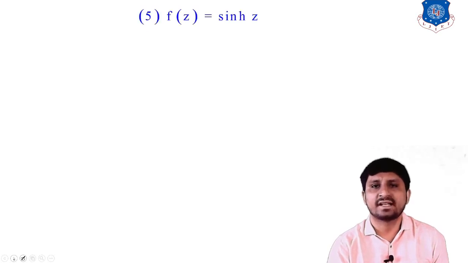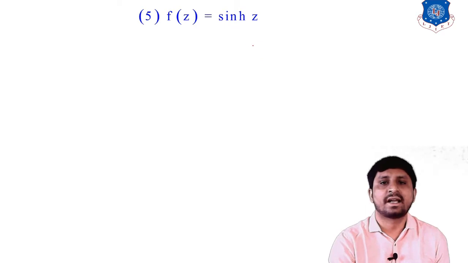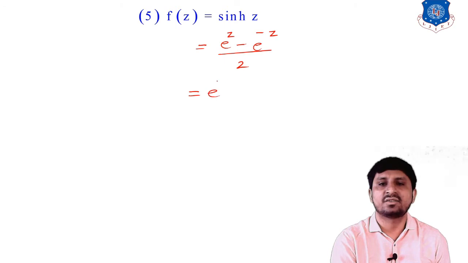Sin hyperbolic z: I am giving you a hint that sin hyperbolic z can be written as e raised to z minus e raised to minus z, divided by 2. So e raised to x plus iy minus e raised to minus x minus iy, divided by 2.